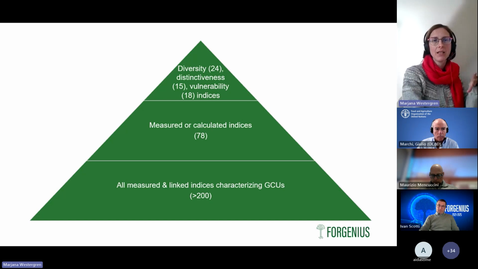I have been presenting the middle level and the top level of the pyramid, and I have already said that not everything is tagged, but just a selection of what we perceive as the most informative indicators. And that doesn't mean that the others are not important.